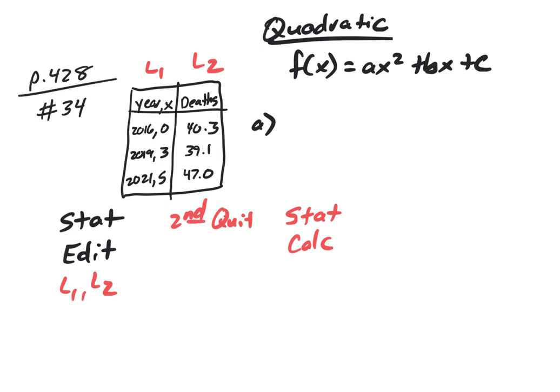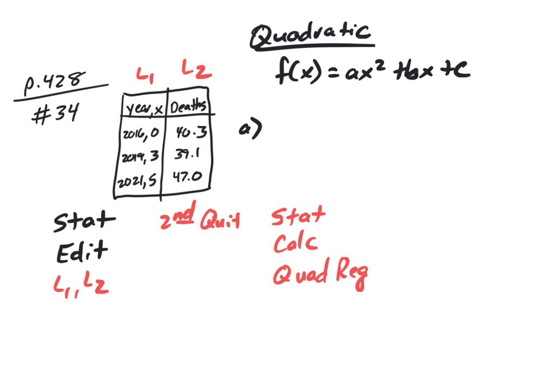And the quadratic equation is quadreg. We call it quadreg because it's a regression equation. So that's where the REG comes in. Quadratic regression means you're going to get a quadratic equation. And you'll go to calculate, and it should then give you 3 values for A, B, and C.